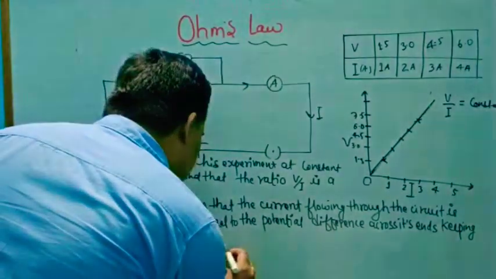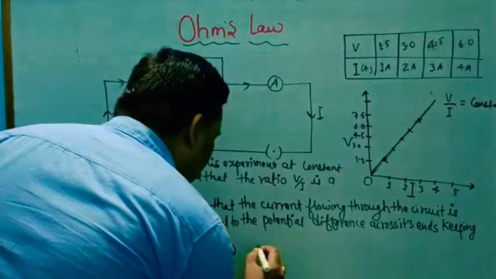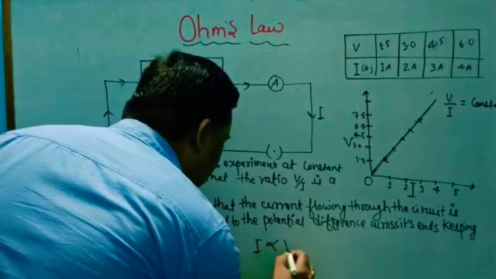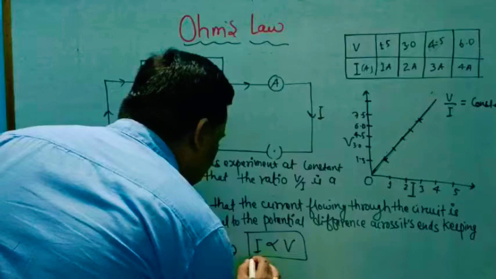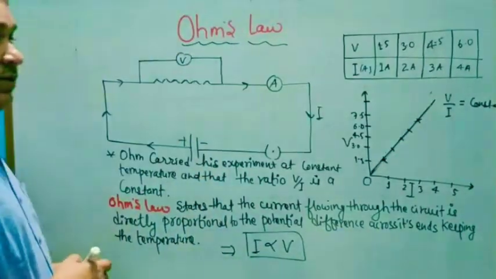That is, I is proportional to V, directly proportional to the potential difference.